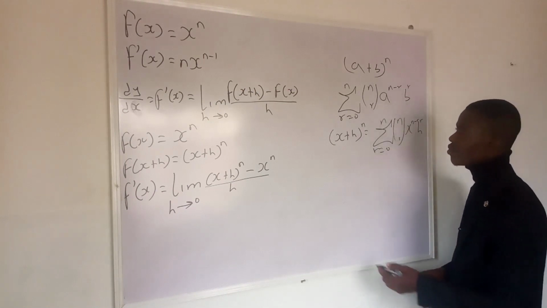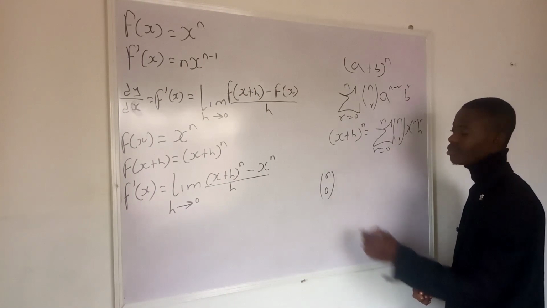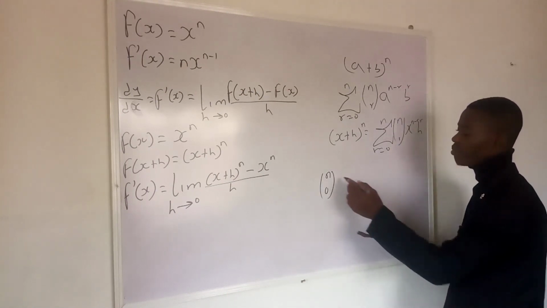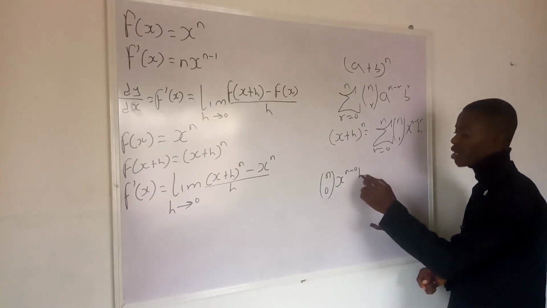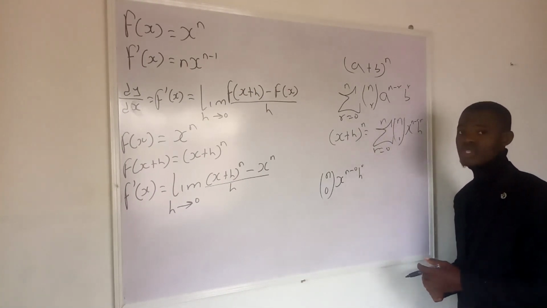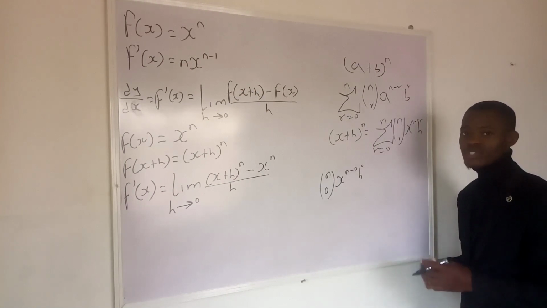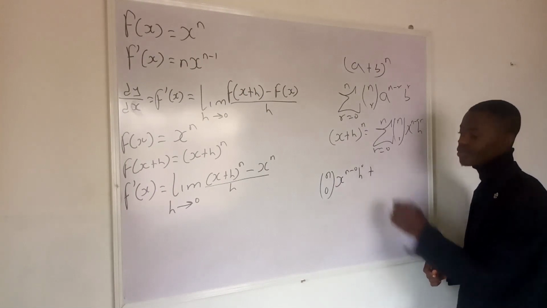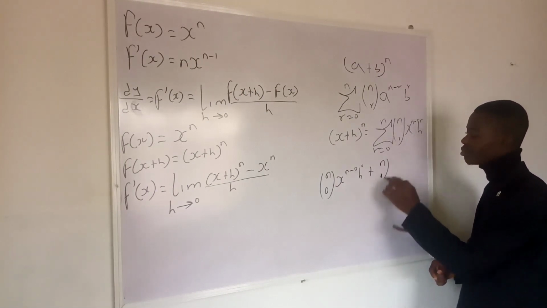So when r is 0, we have n combination 0, okay, then multiplied by x to the power of n minus 0, then multiplied by h to the power of 0. Perfect. Now this symbol means summation. It means when we begin the expansion, each term must be connected with a positive sign. So we have plus, when r is 1, that's n combination 1.